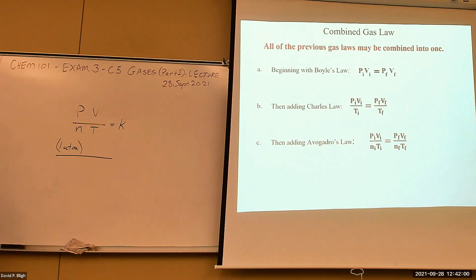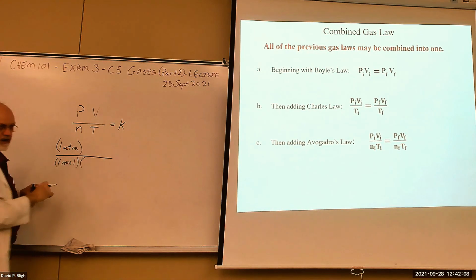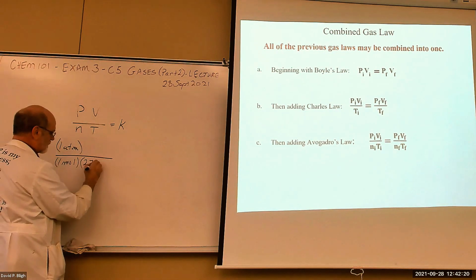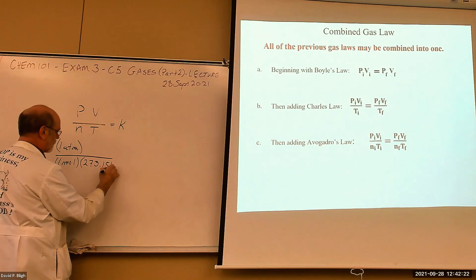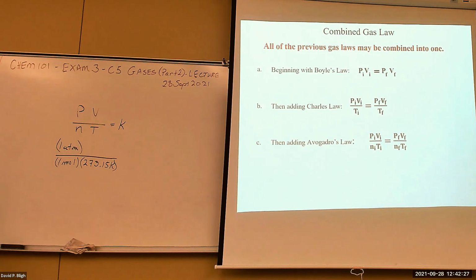And let's say we only have 1 mole of gas at 1 atmosphere pressure. And we're at a standard temperature for gases. For gases, the standard temperature is 0 degrees Celsius, which is 273 K, 273.15 actually. For all other chemical reactions, all other chemical situations, the standard is 25 degrees Celsius. But for gases, it's 0 degrees.